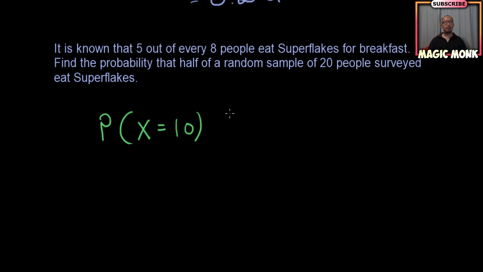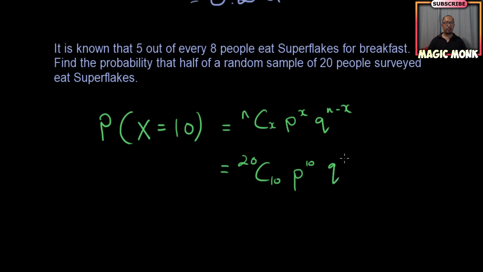Out of 20 people, we want 10 people to eat Superflakes. So then we've got NCX, P to the power of X, Q to the power of N minus X. So that is 20C10, P to the power of 10, Q to the power of 20 minus 10, which is 10 again.